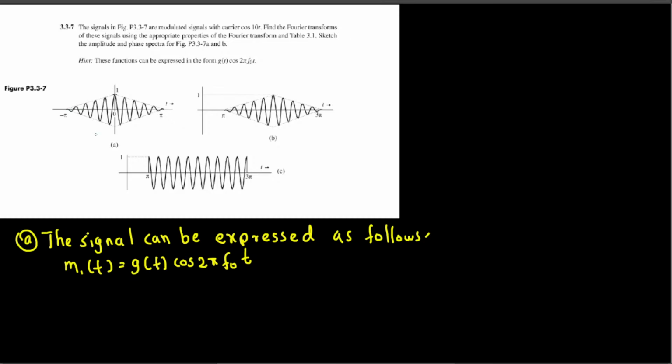Here I'm seeing 1, 2, 3, 4, 5. If I start from this 0, we can see how many. It's starting from the top, then 1 cycle over here.